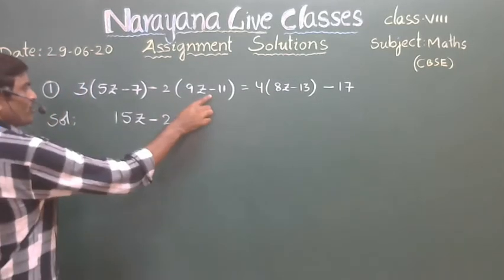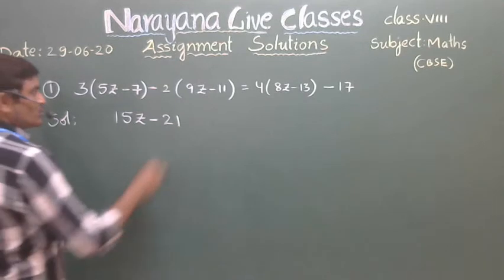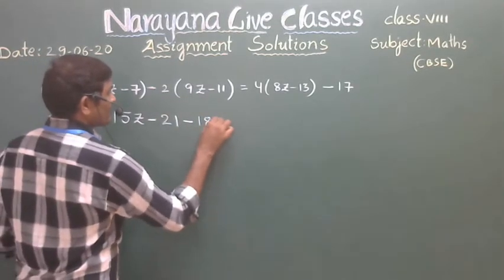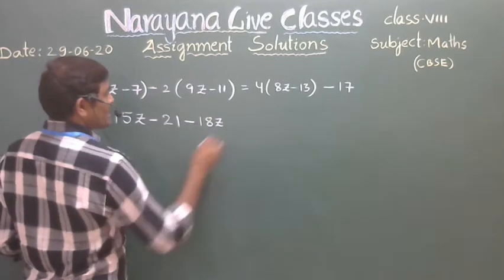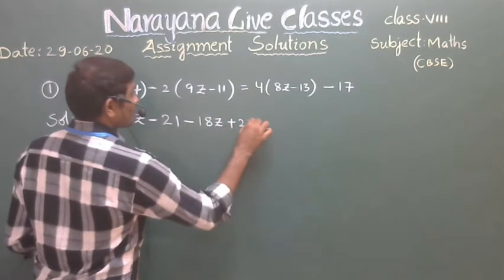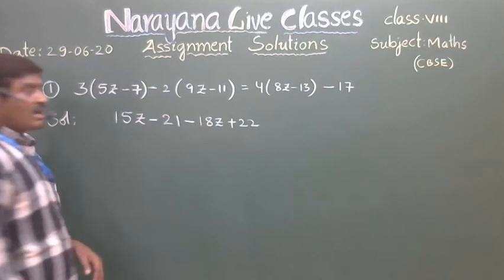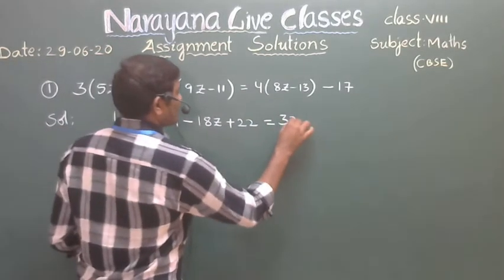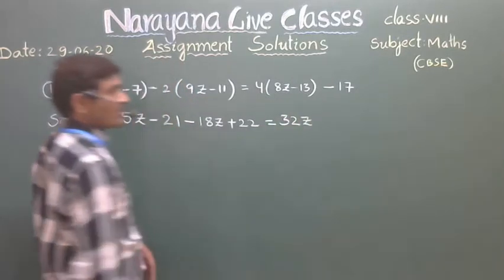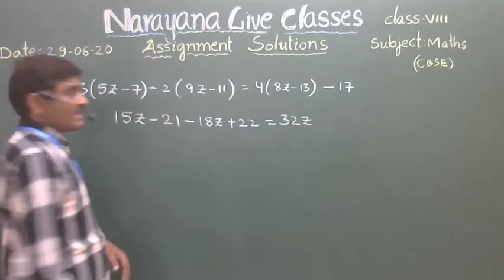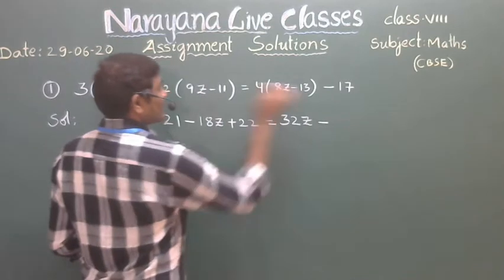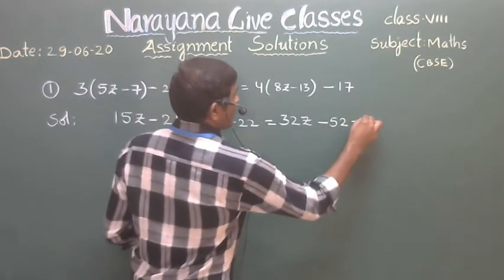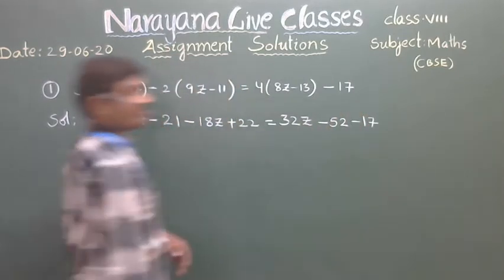Now the second bracket, to eliminate the second bracket, multiply with minus 2. Minus 2 into 9z, 18z, minus 2 into minus 11, plus 22, equal to 4 into 8z, 32z, minus 4 into 13, 52, and also minus 17 is there.